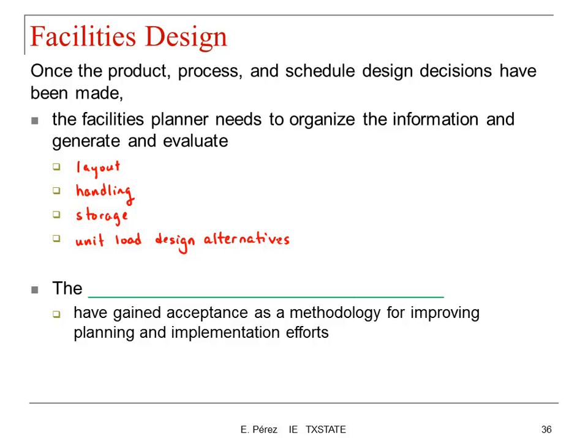But for now, there are 7 management and planning tools. So the 7 management and planning tools have been used lately as a methodology for improving the planning and implementation efforts for facilities design.